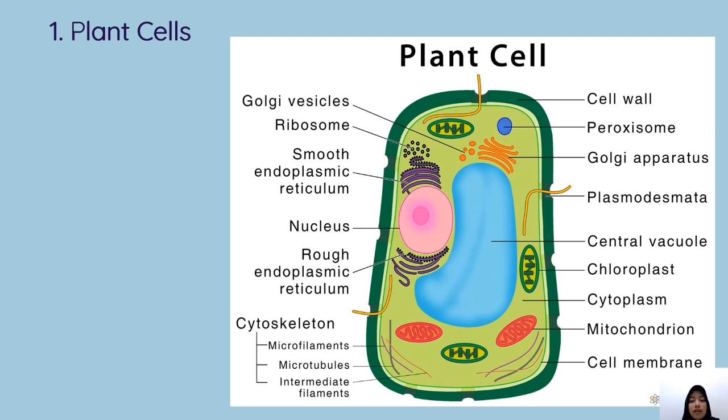And then the last, this plasmodesmata. Plasmodesmata, the function is allowing movement of water, nutrients, and small signaling molecules between neighboring cells, and then transferring viral genomes between cells, and then helping in the cellular communication.